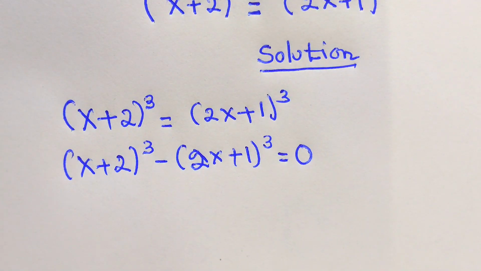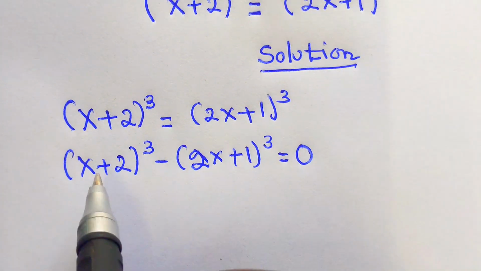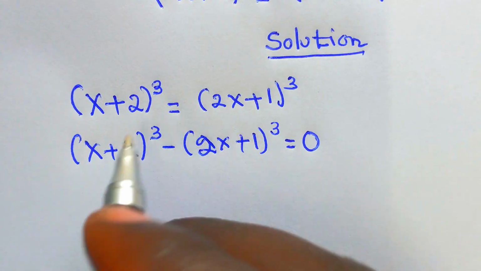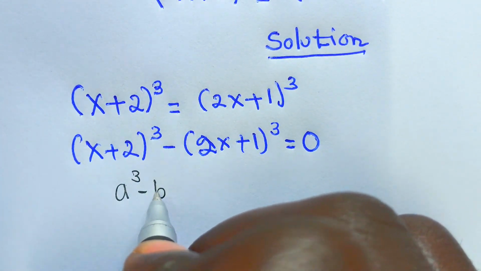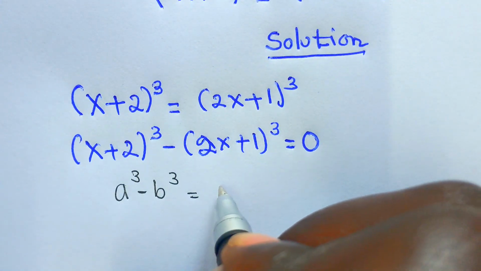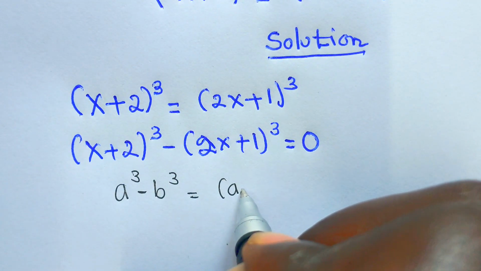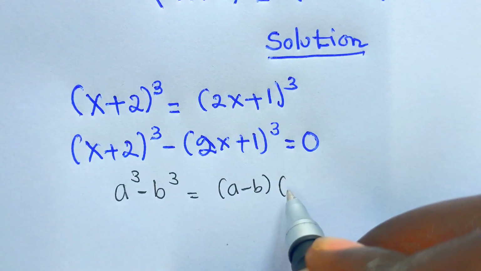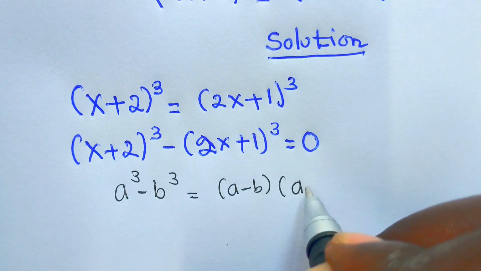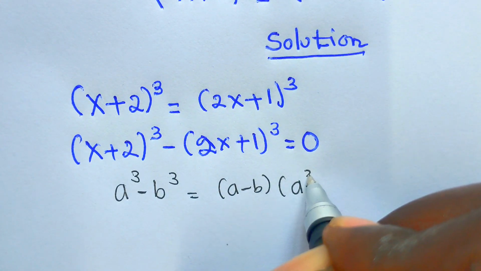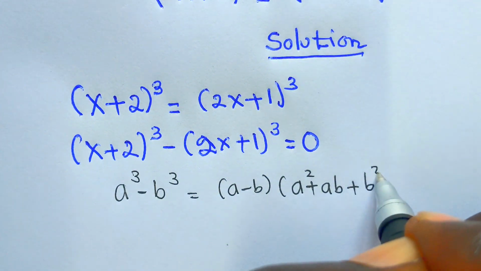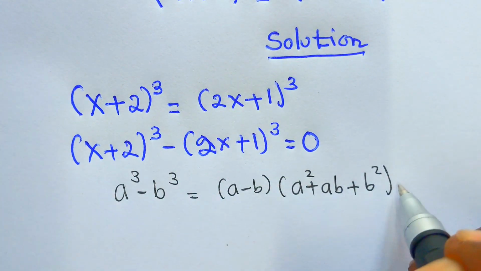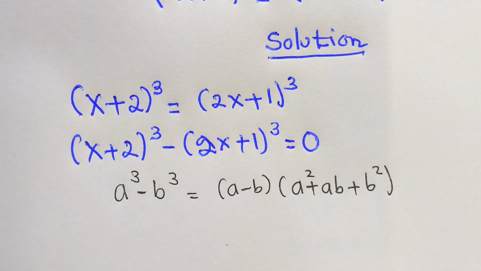As you have seen nicely, here we have something that looks like a^3 - b^3, and this equals (a - b)(a^2 + ab + b^2). And this is what we have right here.